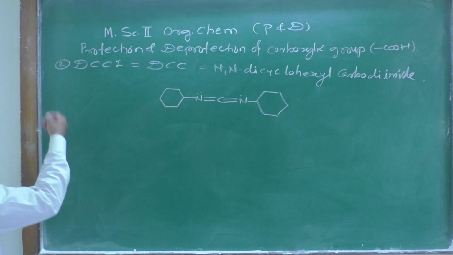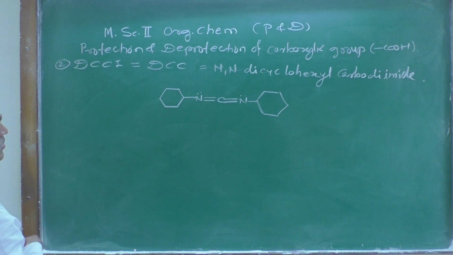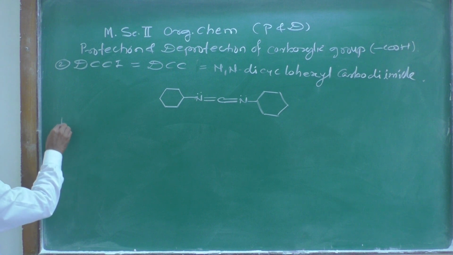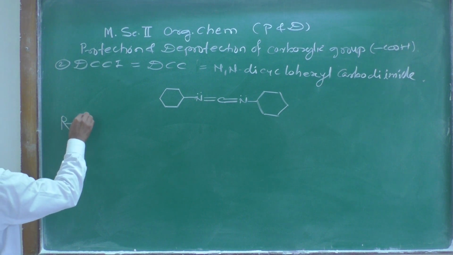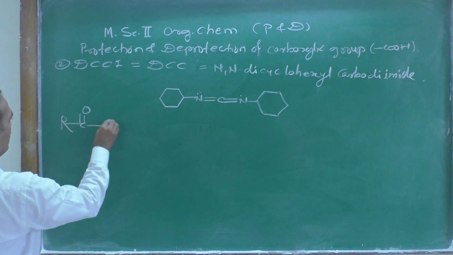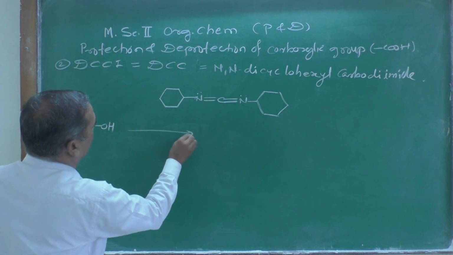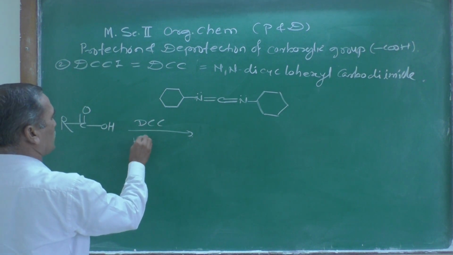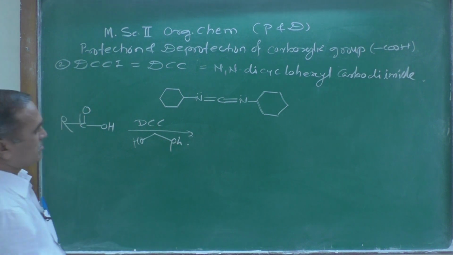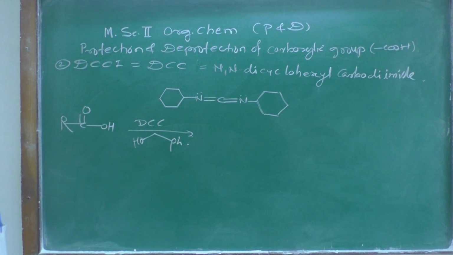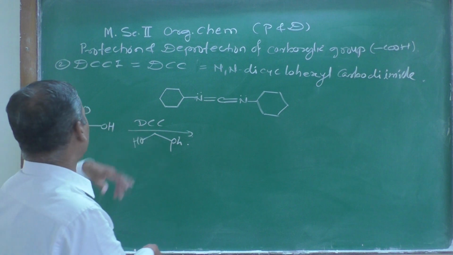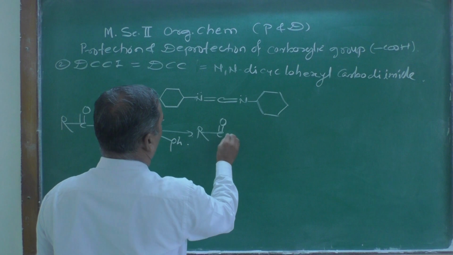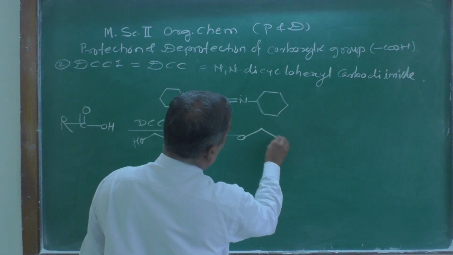Now let us see how it is used for the protection of the carboxylic group. First example: as we know, the general formula of an acid is RC double bond OH, which is treated with DCC in presence of benzyl alcohol, and the product formed will be RC double bond O, then CH2Ph.